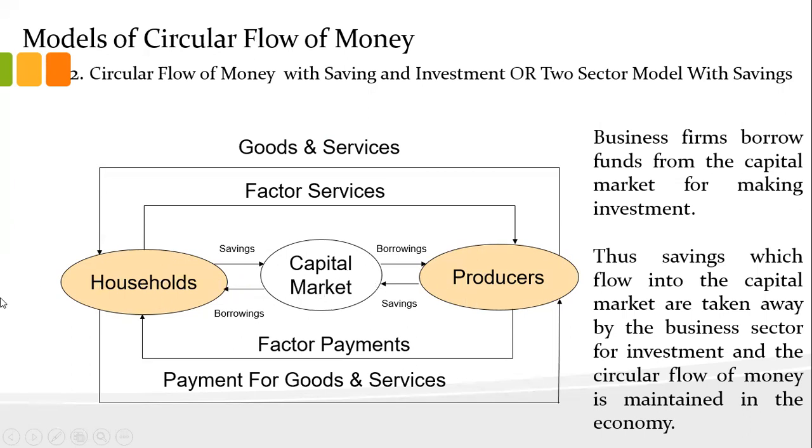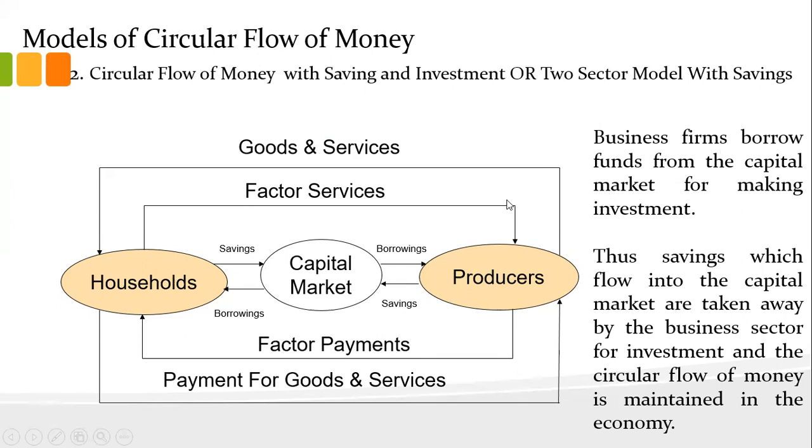So money circulates through the capital market in the form of savings and borrowings. The traditional two ways are payment for goods and services, and factor payment for the factor services you provide. But another way exists with the capital market, in the form of savings and borrowing. The money is circulating among these three sectors.